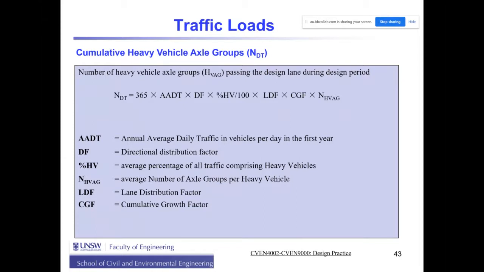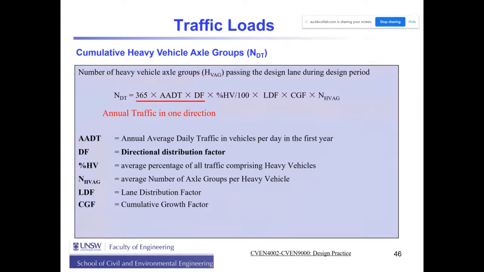So we have average annual daily traffic, or we can call it daily traffic, right? This is the daily traffic for one day. If you multiply this value with 365, it becomes annual traffic. It is easy. Now annual traffic, if you multiply it by DF, it shows the annual traffic in one direction.